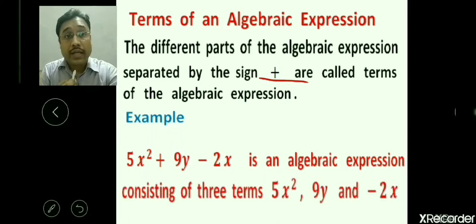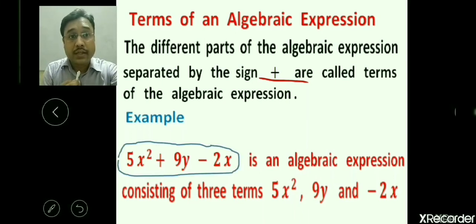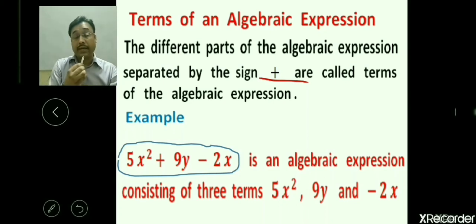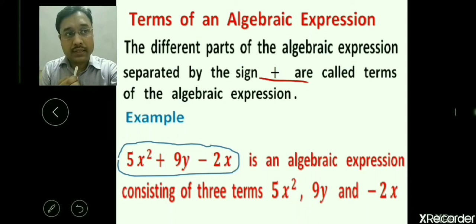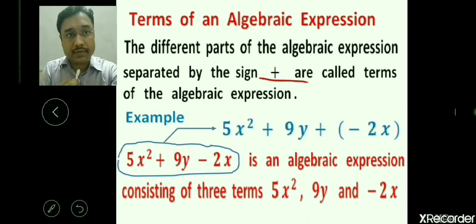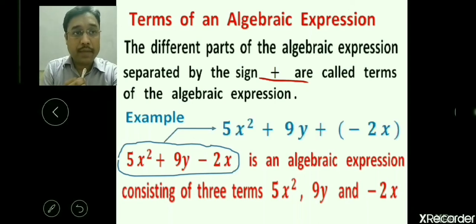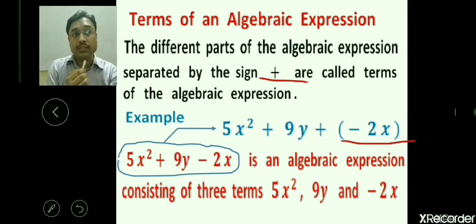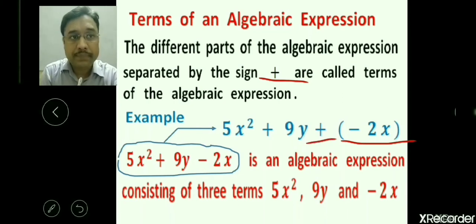Consisting of 3 terms, 5x square, 9y and minus 2x, let me try to understand this expression first. 5x square plus 9y minus 2x can be written as 5x square plus 9y plus minus 2x. That's why I've said that you write this minus 2x in the bracket, and outside it you mention the plus sign. Okay, so now you can see it is very clear that the terms are separated by the sign plus.